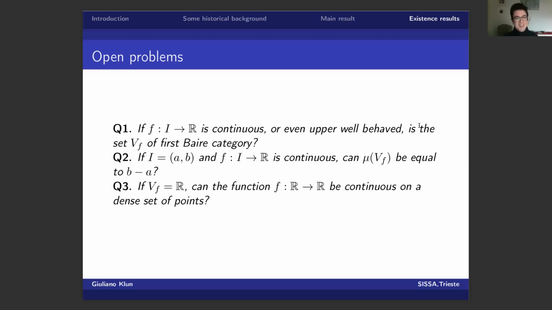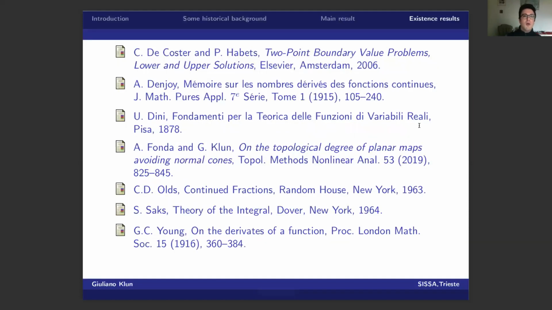To conclude, only to show a small bibliography: you can find the book by Gelbaum and Olmsted that gives the first clue to this problem. The work by Denjoy, which is a very thorough, big article.